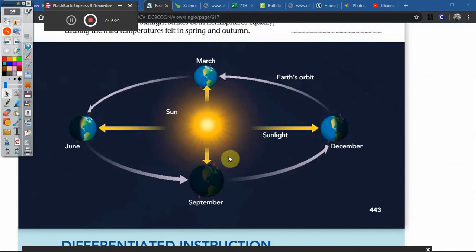And then we see how the sunlight is shining on the Earth. Just keep in mind that you are not looking at this diagram as an above view. You're looking at it at an angle, kind of from the side. So really, this is not an oval. This is going to be extremely close to circular.